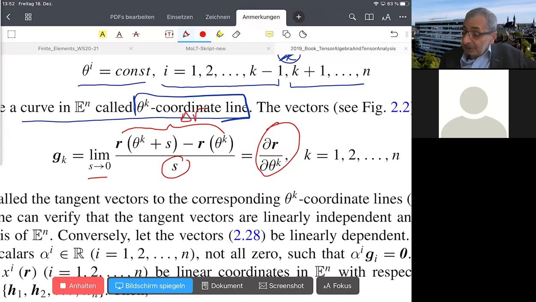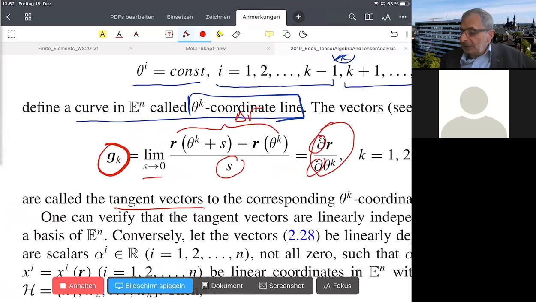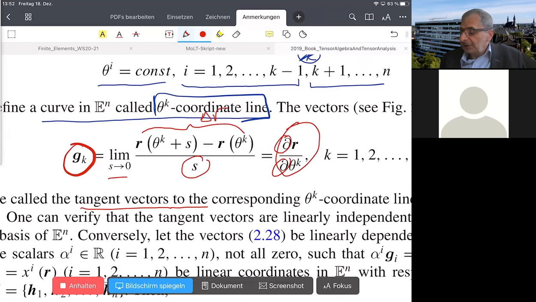I write a partial derivative because our vector r depends on many coordinates, and we change only one. Once more, all other coordinates are fixed. And the result is the so-called tangent vector, the vector tangent to our coordinate line.